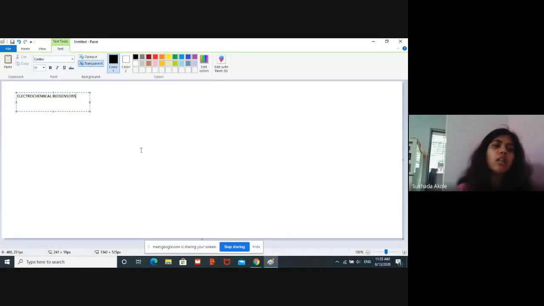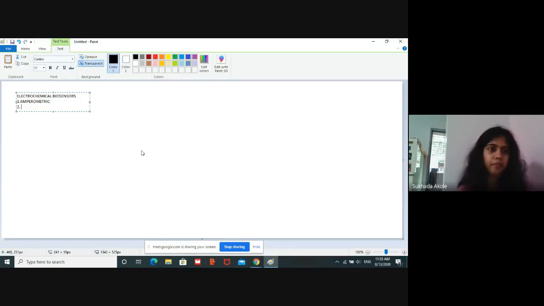Now, what I mean by electrochemical biosensor is I will be measuring the electric current that has been formed when my analyte reacts or attaches itself to the biological substance. Under this also we have different subtypes. The first type is the amperometric biosensor.